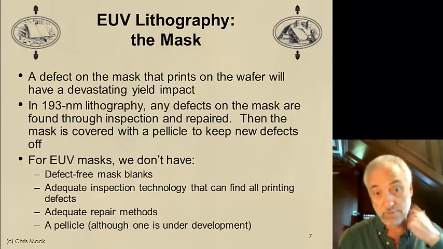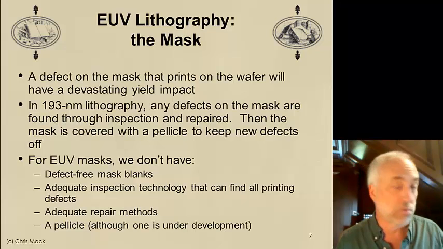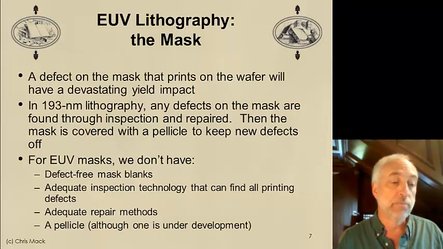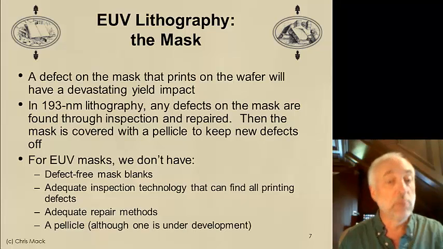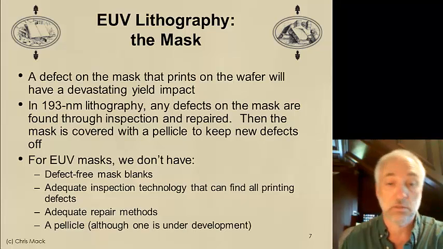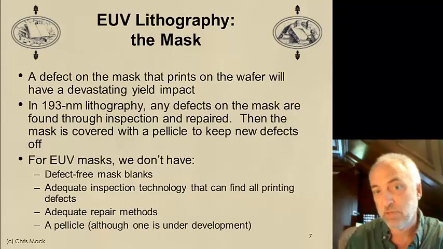So usually if we find a defect there, we have no choice but to throw the mask away, unless that defect happens to be underneath an absorber. But most importantly, we don't have any pellicles. Without a pellicle, it's hard to guarantee the mask will stay defect-free during manufacturing.